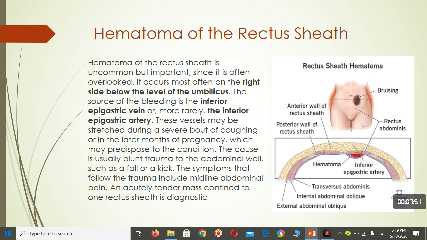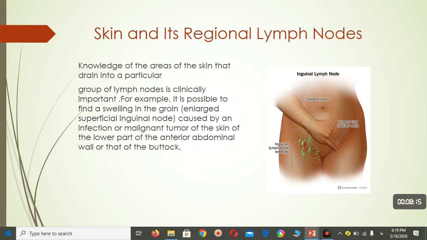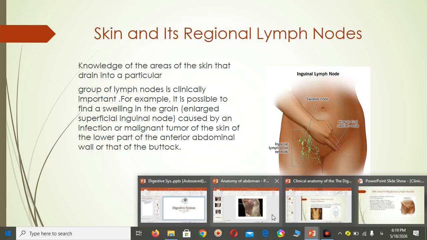You know, in the rectus sheath we have the rectus muscle, and we have two arteries and veins. One artery is the superior epigastric artery, and another is the inferior epigastric artery, and the veins are the superior epigastric vein and inferior epigastric vein. All of these are in the rectus sheath.